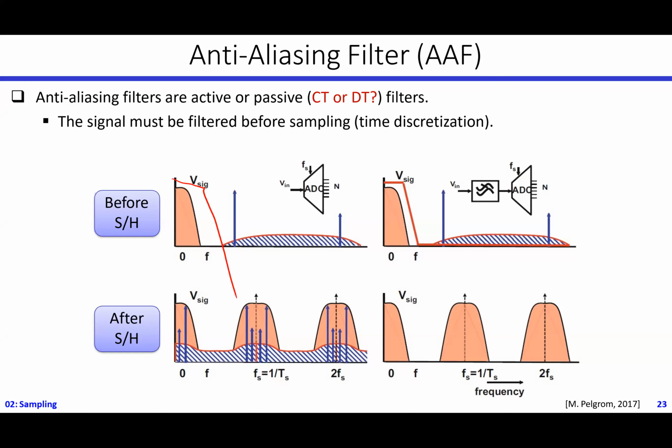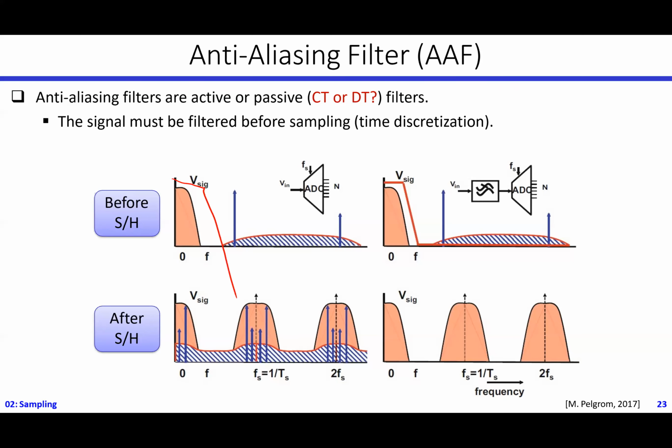No idea. Okay, before, it should be working in continuous time. Because after that, we have to sample, and then we will have the quantization. So exactly, it should be for the CT. Yes, exactly.